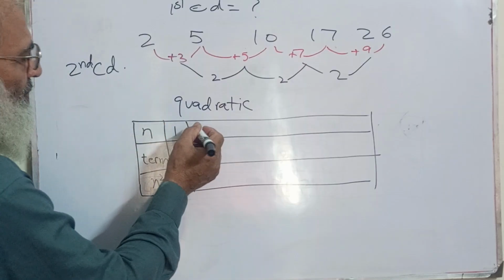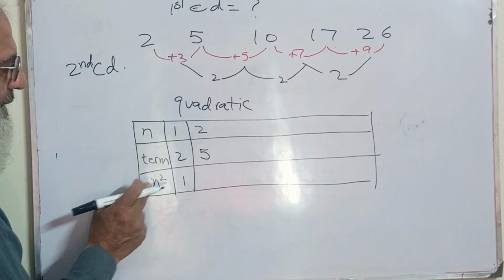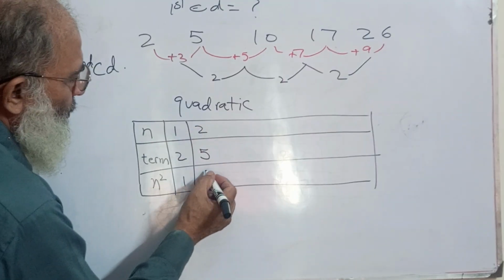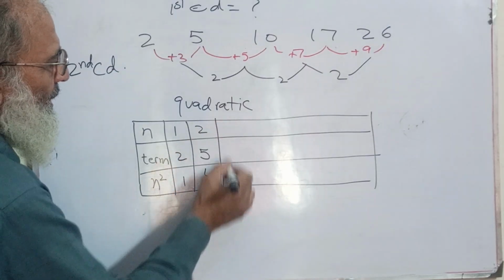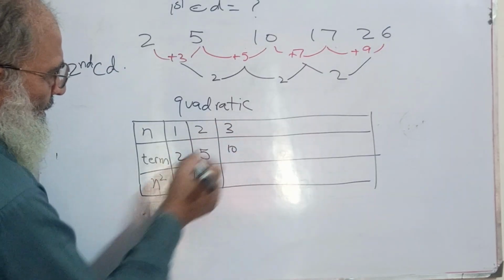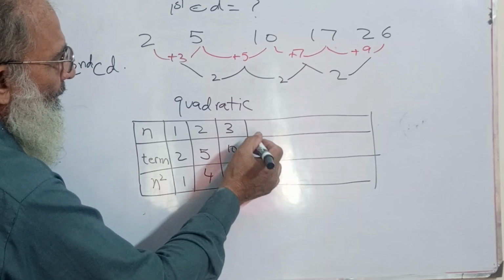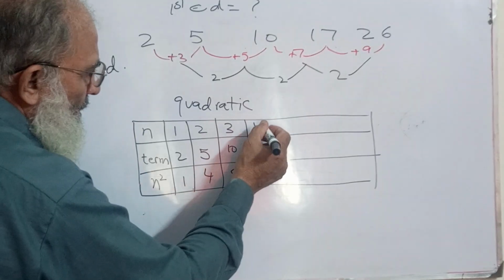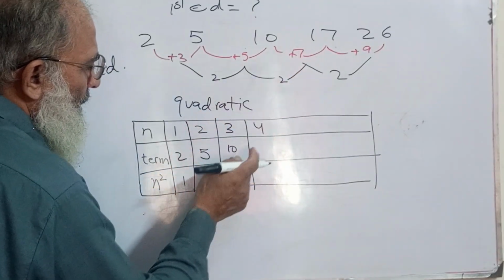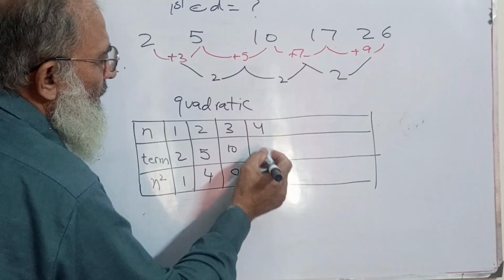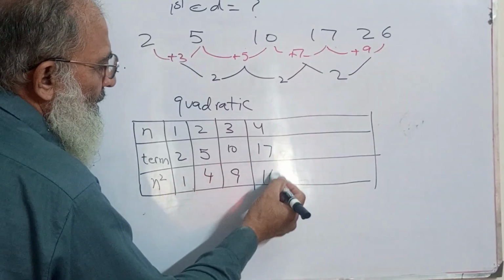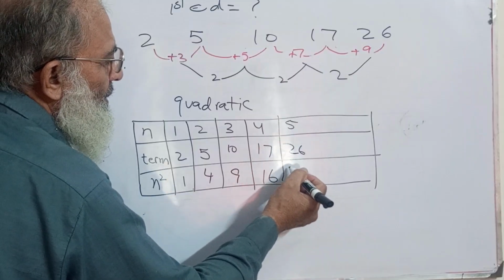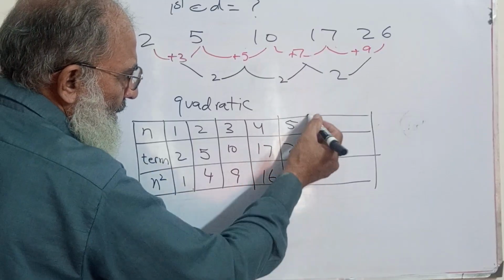Second term is 5, and n square is 4. Similarly 3, 10, 9; 4, 17, 16; 5, 26, 25.